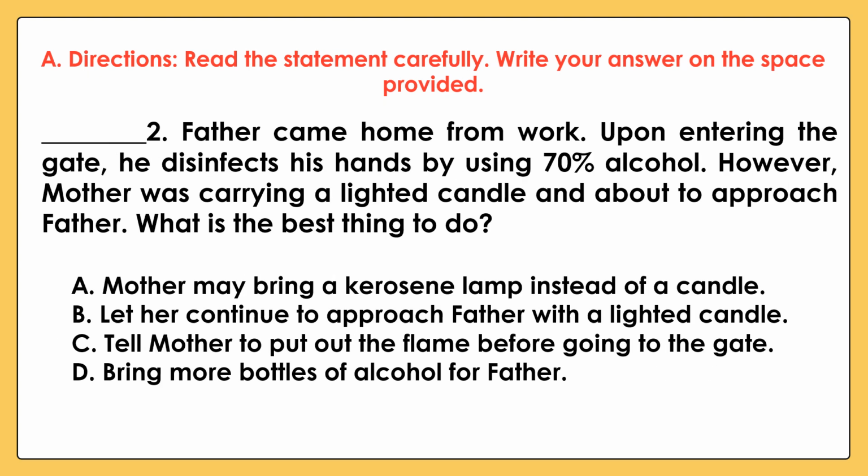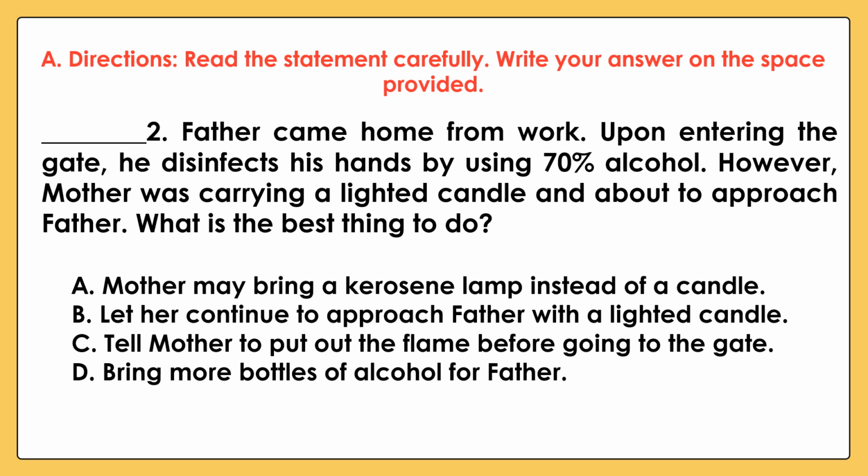Number 2, father came home from work. Upon entering the gate, he disinfects his hands by using 70% alcohol. However, mother was carrying a lighted candle and about to approach father. What is the best thing to do? A, mother can bring a kerosene lamp instead of a candle.